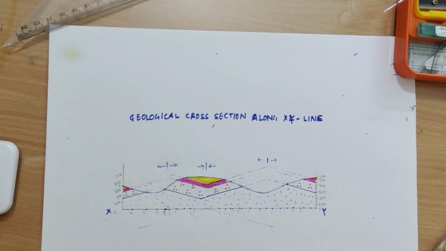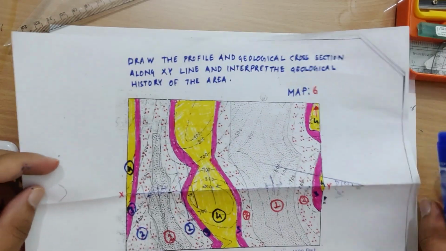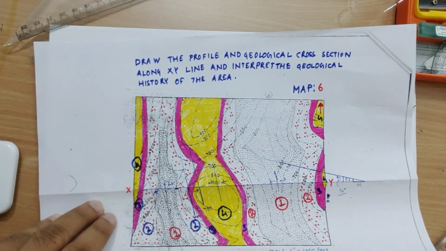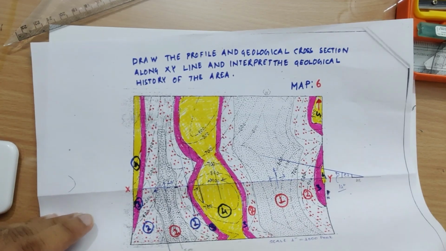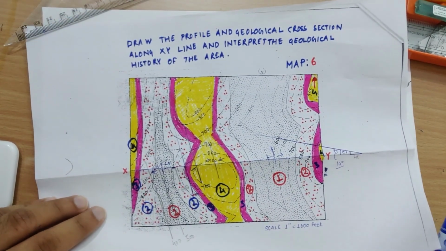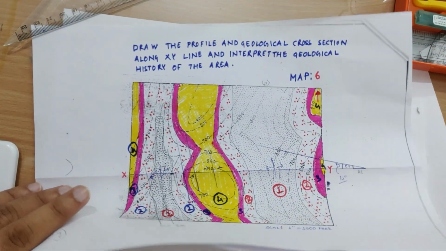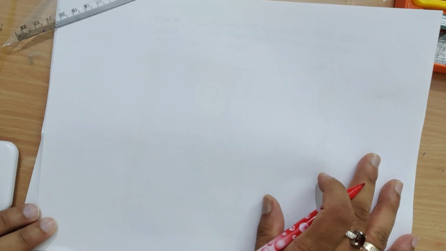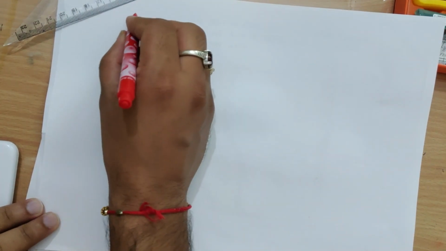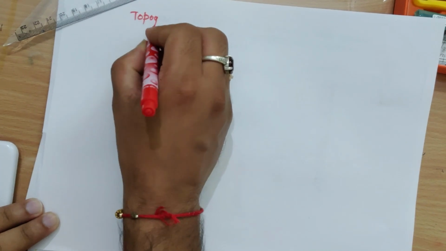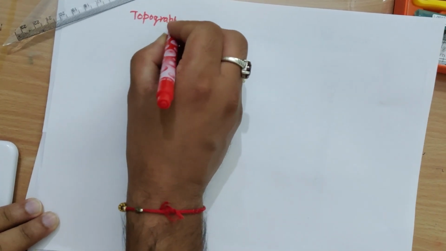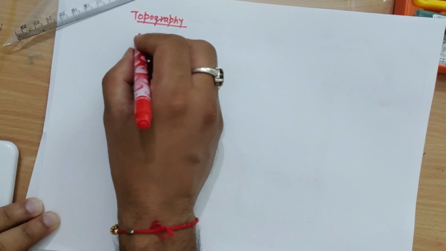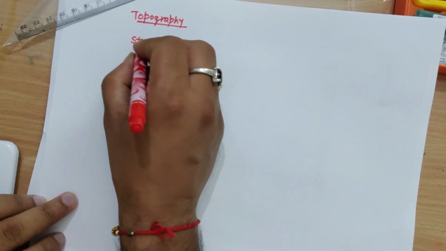Now we will have to interpret the geological history of this particular map. So we discuss these things within 4 points. So what are those 4 points? The first point we discuss is topography. Second point is structures present.